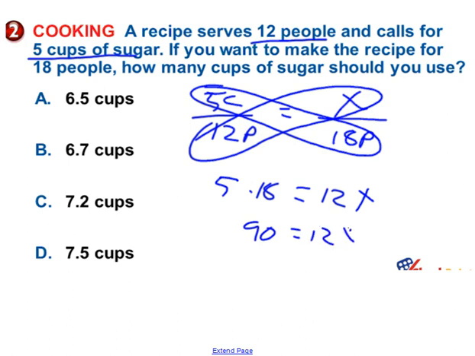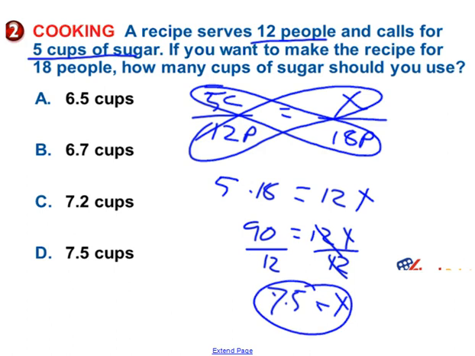That's equal to 12x. Divide both sides by 12, leaving just x. 90 divided by 12. I'm going to switch to my calculator again. And I get 7.5. 7.5 cups. Looks like answer D is my correct one.